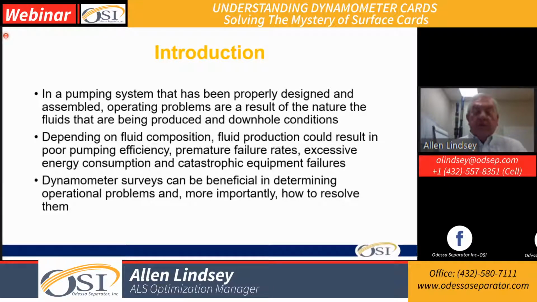Keeping wells operating at peak efficiency is quite often costly, frustrating, and time-consuming. In a pumping system that has been properly designed, assembled, and installed, operating problems are the result of the nature of the fluids that are being produced and downhole conditions.